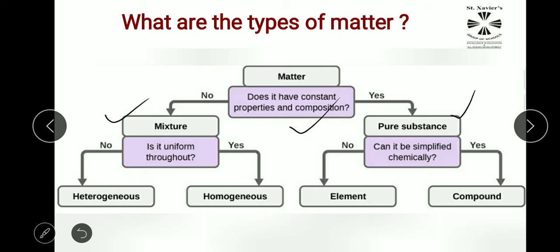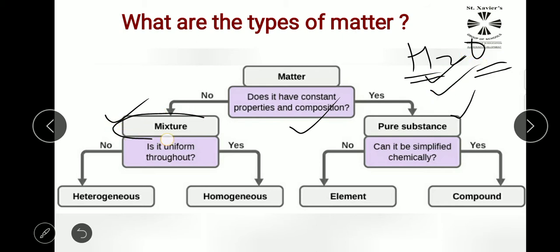For example, when we talk about water, H2O, the numbers of hydrogen and oxygen atoms are in a fixed proportion. It is constant, and that is the reason we call it a pure substance.